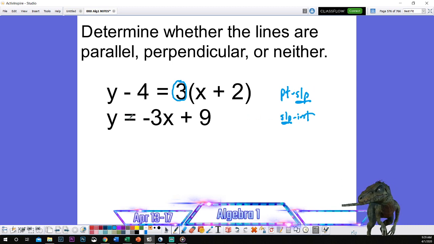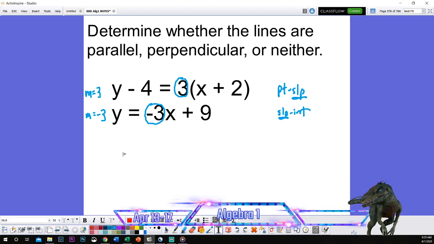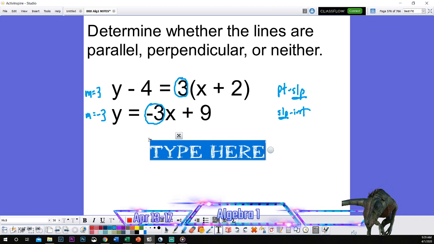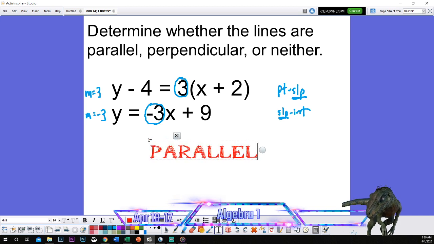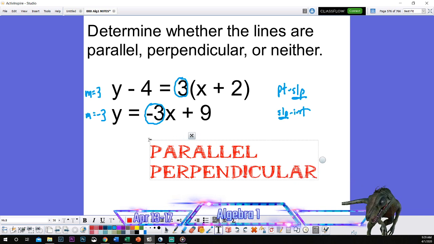So there's my equal sign, there's my slope. So just to make sure we got this, this slope is 3, this slope is -3. So now, everybody's favorite game, you get to decide, are they parallel, are they perpendicular, or are they neither?